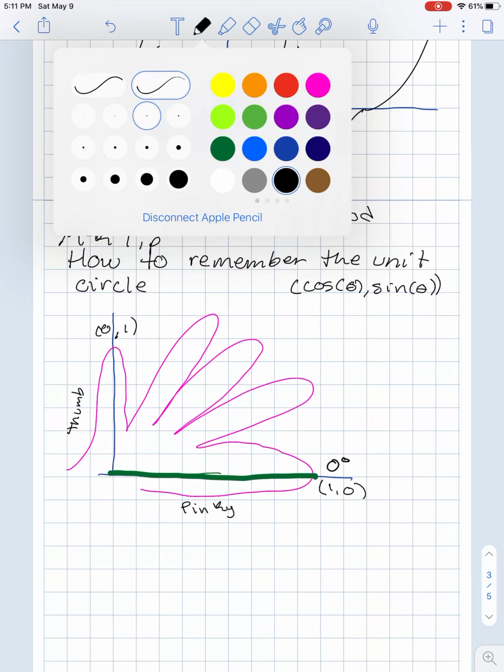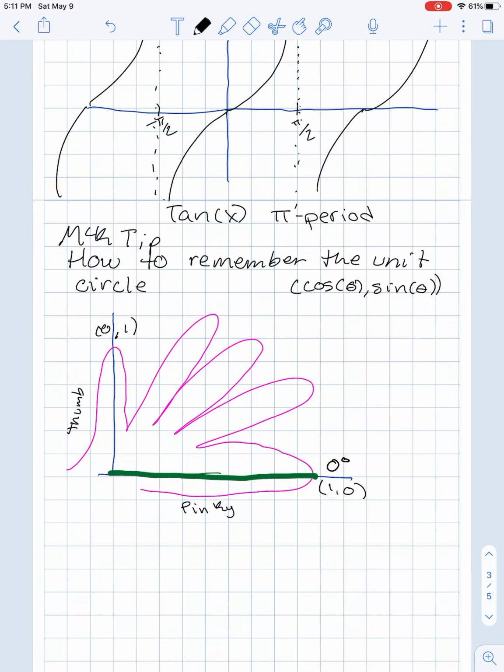So 0 degrees and also 0 radians. So theta equals 0. That tells me that cosine of 0 is 1, and sine of 0 is 0.